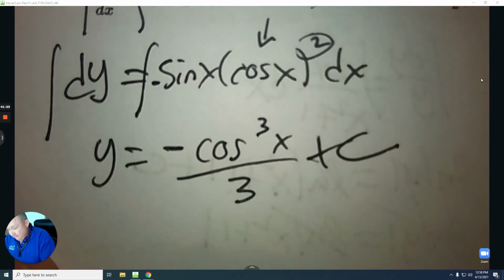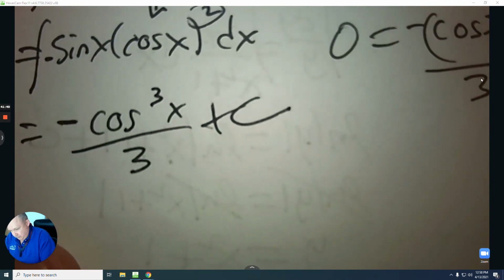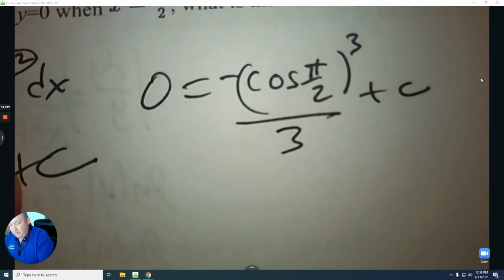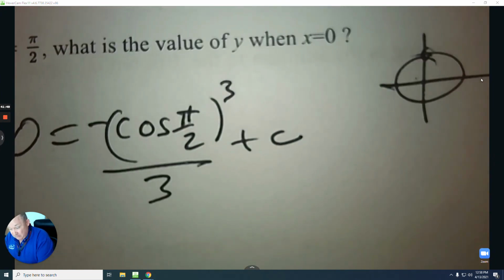Find the constant. So we're given a point, which is x equals pi over 2, and y is 0. So when I do that, the value of cosine at pi over 2 is at the top of the unit circle. It's 0. That's the x coordinate up there.